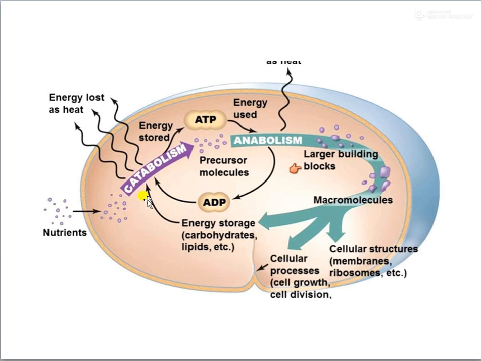This process is referred to as catabolism, where the nutrients are broken down into precursor molecules and ATP is generated. At the same time, these precursor molecules can be further utilized by the bacteria to build up various other larger molecules required for its metabolism, and that is referred to as anabolism.